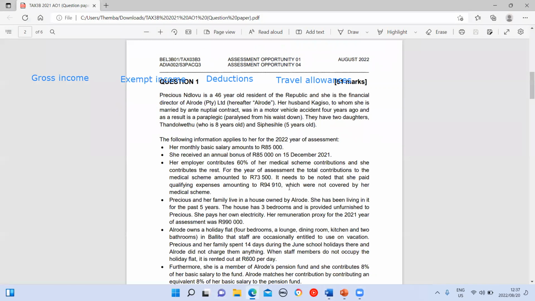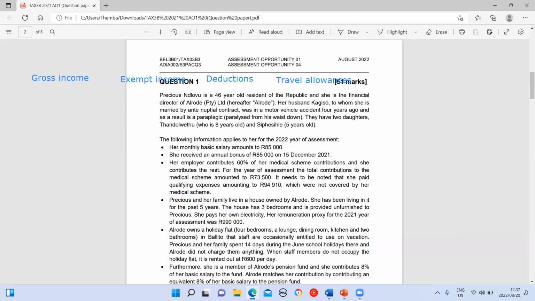They're even at the top here, so it's easy to see them. In terms of your gross income, she has a basic monthly salary of 85,000 rand. That is monthly, so you should know that you should consider it for the whole year.